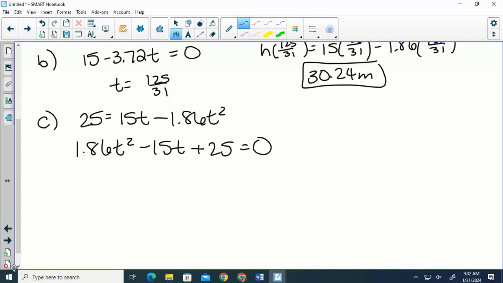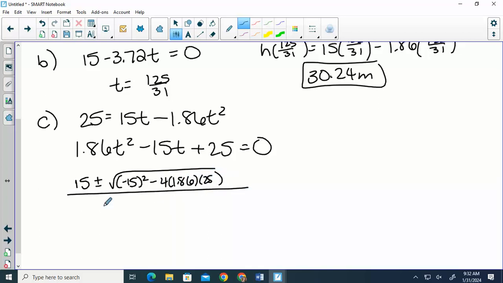Obviously, this one is not very pretty, and on a test without a calculator, I would have to give you something that you could factor. If we can't factor here, what could we do? Quadratic formula. So we get times of 2.35 and 5.71.